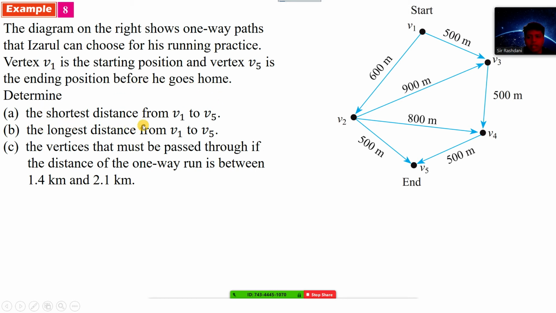Determine the shortest distance from V1 to V5, the longest distance from V1 to V5, and the vertices that must be passed through if the distance of a one-way run is between 1.4 km and 2.1 km. So we need to state one by one how many possible ways we can use in order to end at V5.